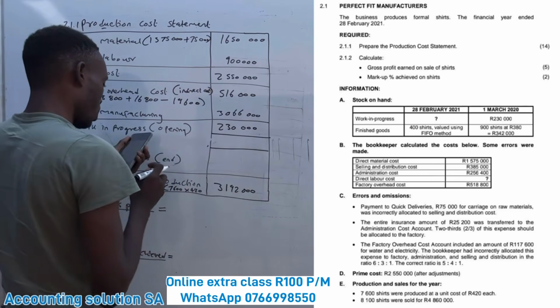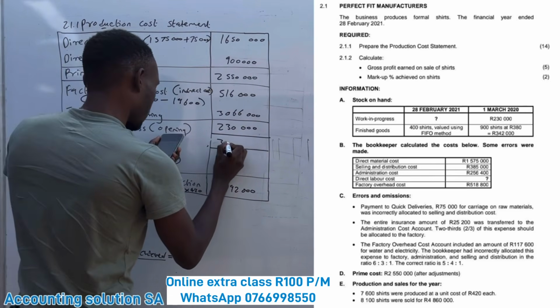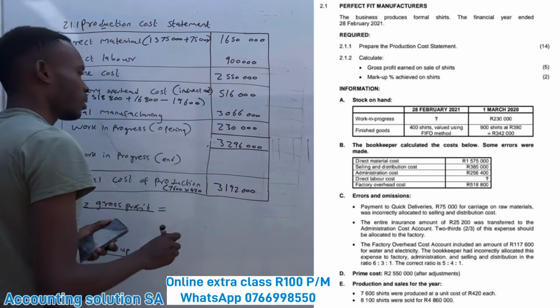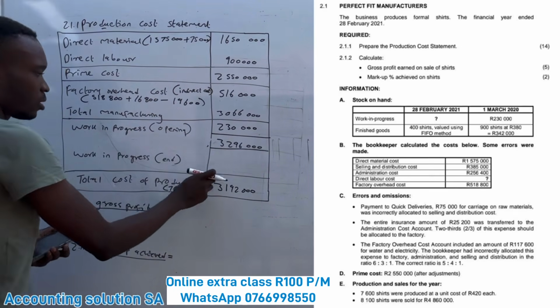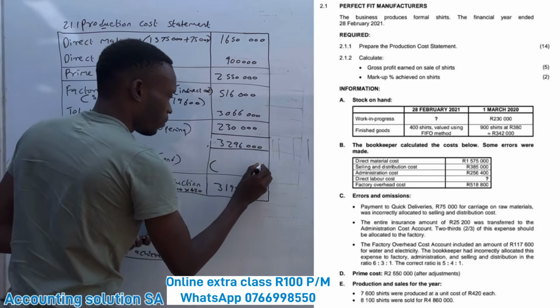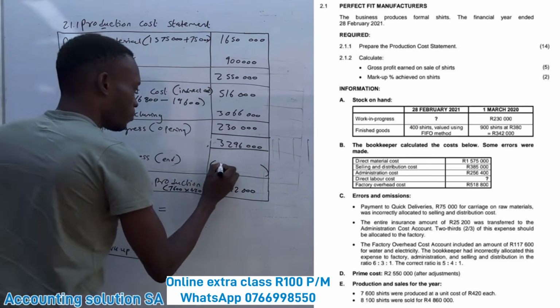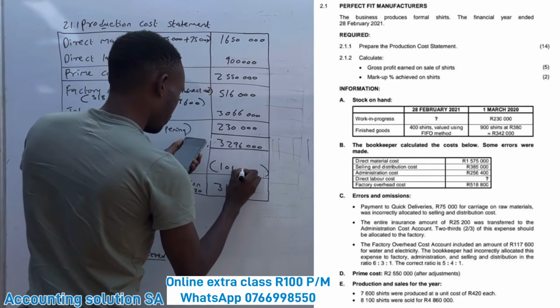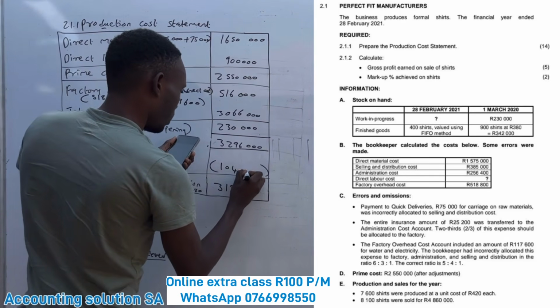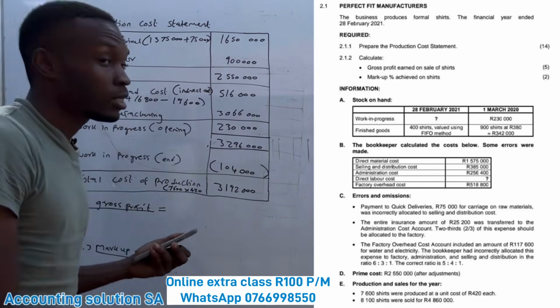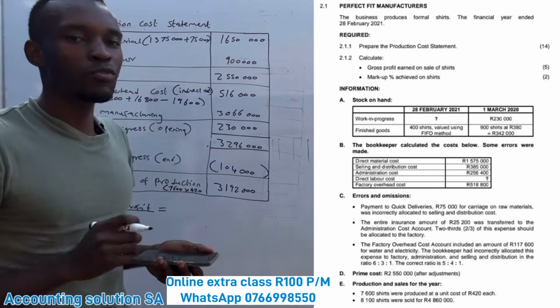You add these two, you're gonna get 3,296,000, and after that we get the difference between these two. Then closing stock is always minus, guys. 104,000, just like that.